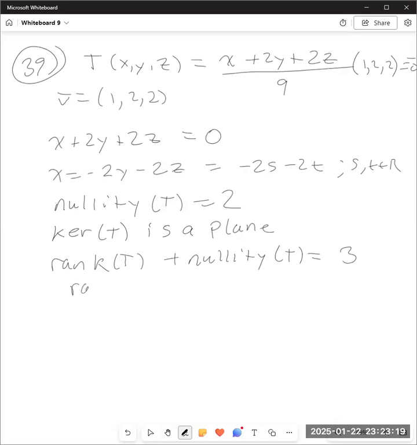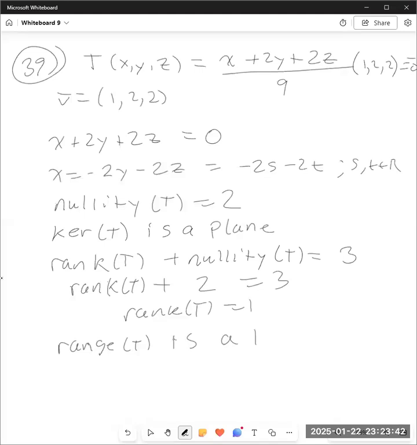So rank of T plus nullity of T, which was 2, so rank of T is equal to 1. 1-dimensional. That means that the range of T is a line in R3.